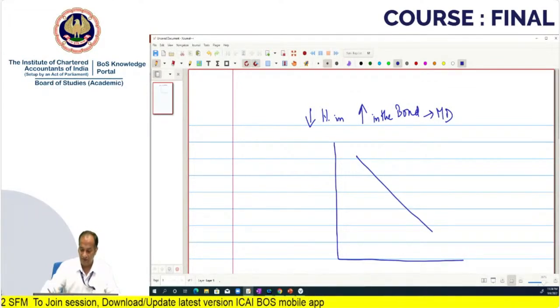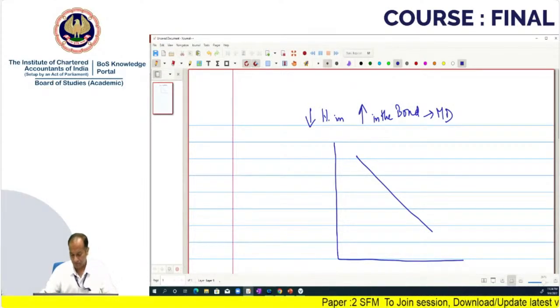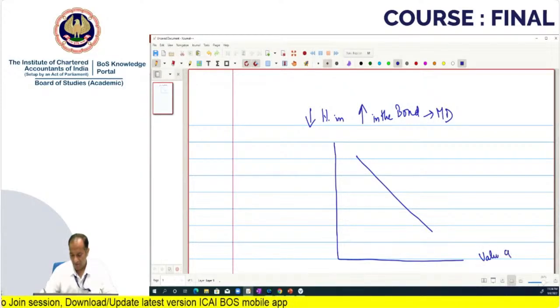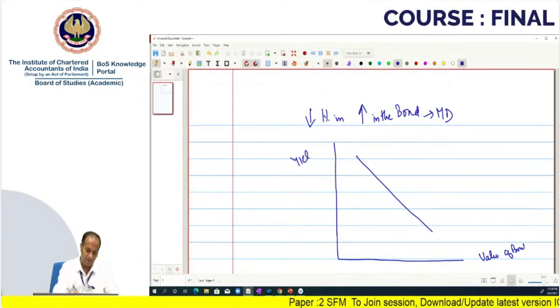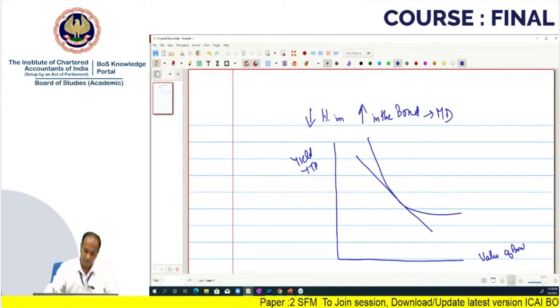Okay, this will be our yield curve, and here our value of bond, here our yield or YTM. But practically what happens, this shape comes into the curve.